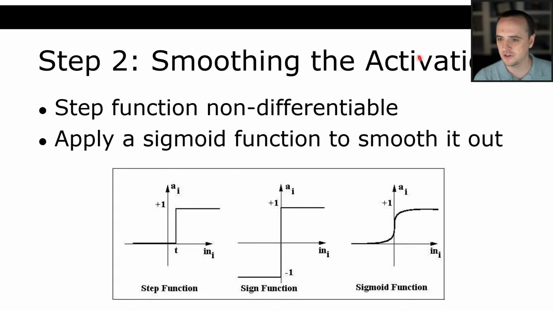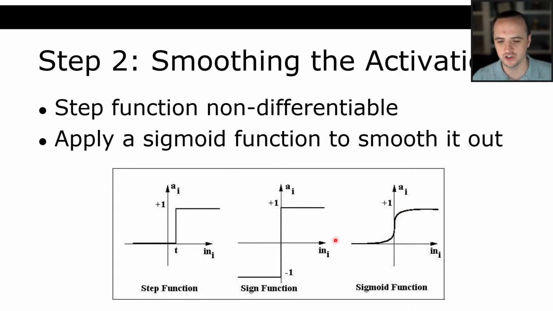And so what happens is they apply a sigmoid function to the activation in order to smooth it out. So here you see this is a step function where it is 0, 0, 0, 0. Oh, now it's positive 1 immediately. And so you can also have sign functions which go from negative 1 to positive 1 immediately. And what we do is we apply something called a sigmoid function to that in order to smooth that out.